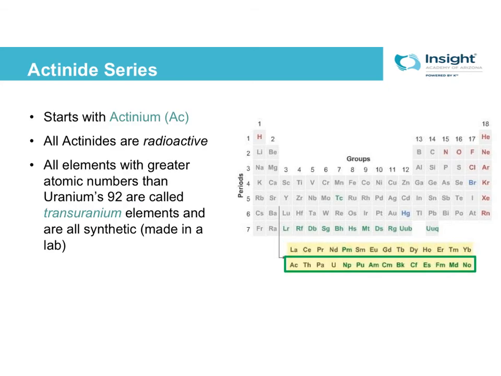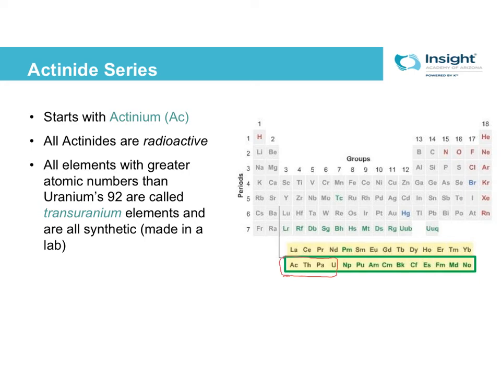And then we've got your actinide series. That is the bottom row of the inner transition metals. The unique thing about your actinide series is that they are all radioactive. You're probably familiar with uranium and its relation to nuclear reactors and nuclear bombs. Just the first 4, uranium and before, are the only naturally occurring ones.